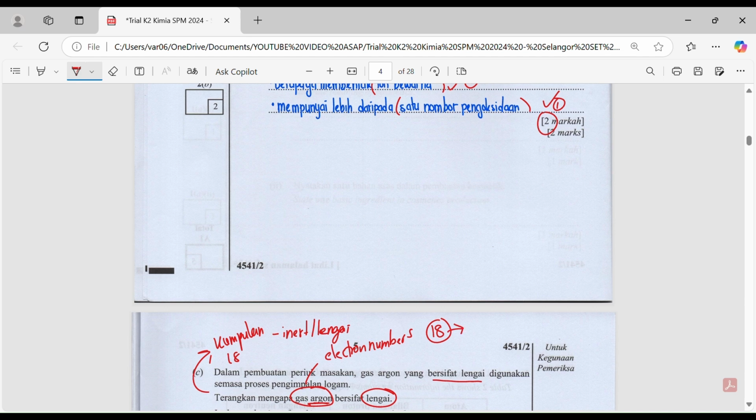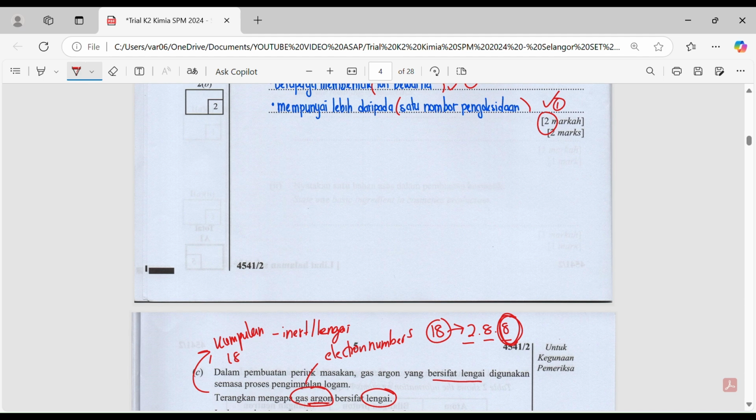Atom argon has 18 electrons. Right? So let us write in the form of electron configuration 2.8.8. As you can see here, in its petala valence, it has already achieved susunan elektron octet yang stabil. It has already achieved stable octet electron configuration.